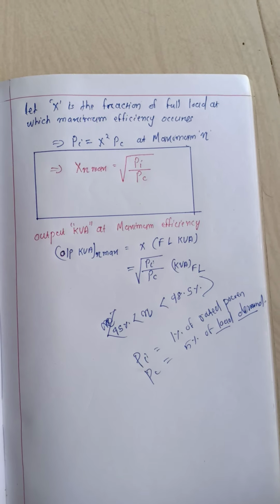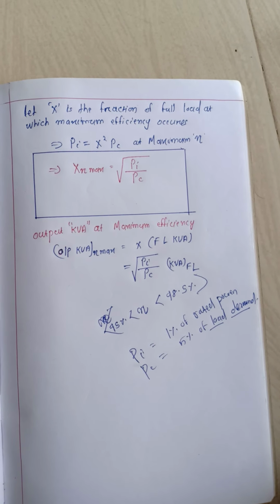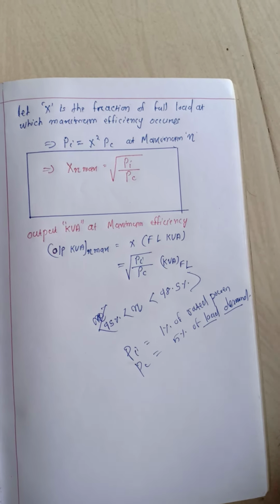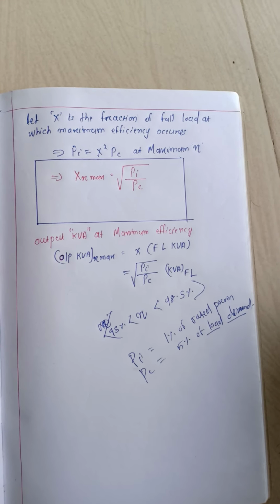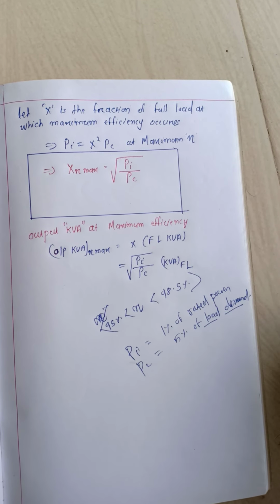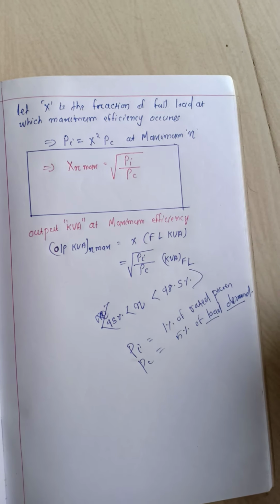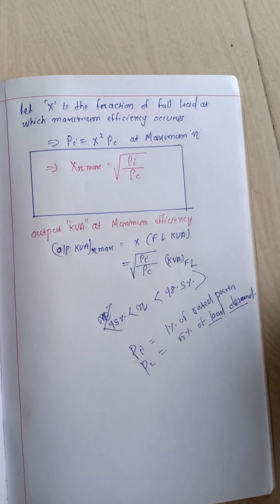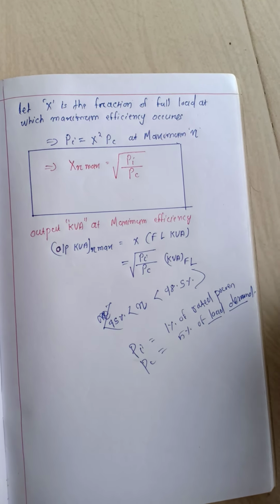So what is the normal range of transformer efficiency? A transformer has a very high level of efficiency because it has no rotating parts. A transformer is a static device.